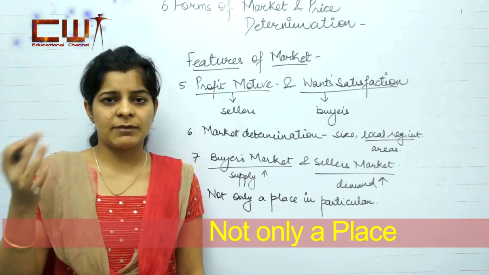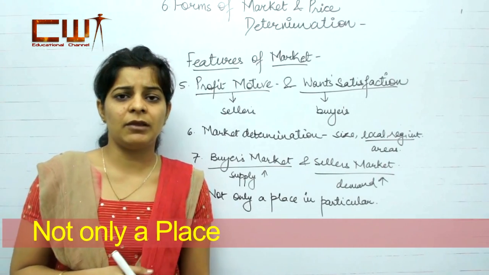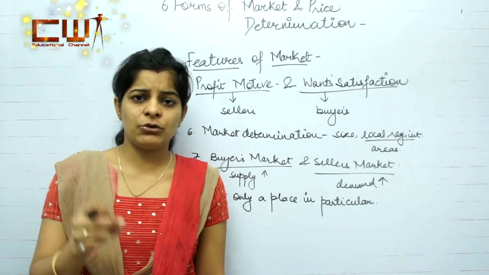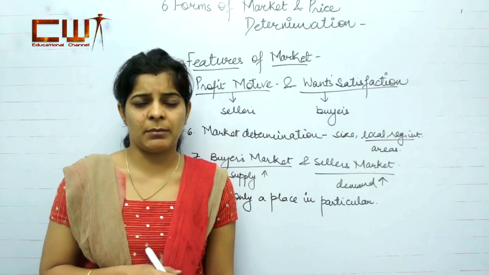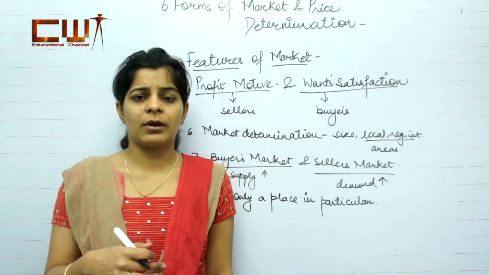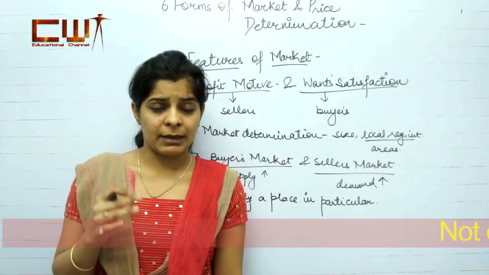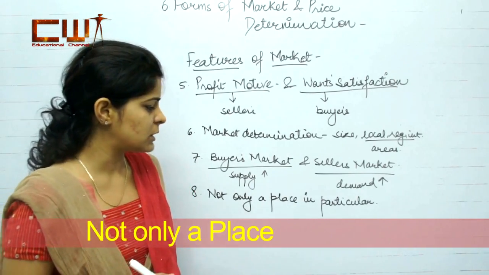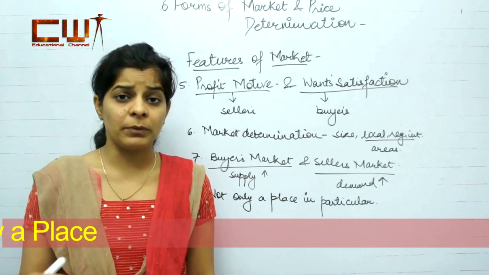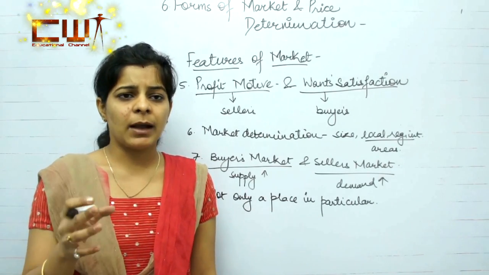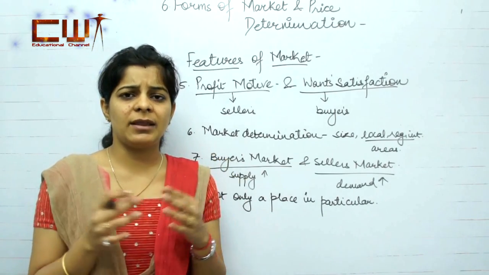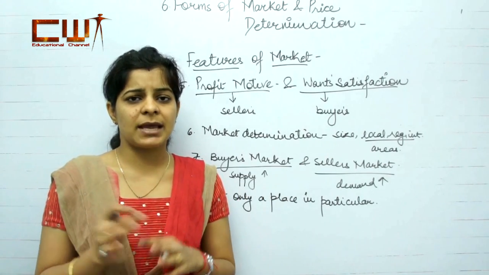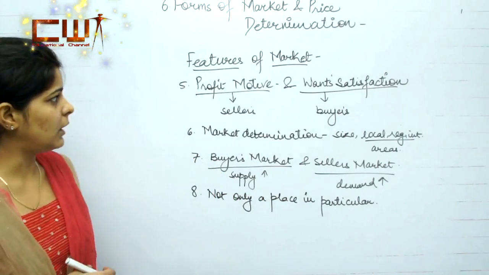A very famous example is Flipkart. They take your address and send you goods at your address, and then you can make the payment. There are some other sites who take your account number and debit the amount from your account, and give you the delivery of the goods. So that doesn't mean that you have to meet or there is a particular place. Market means any place or any other media where two people are meeting and exchanging goods and money, and that turns out to be a market.